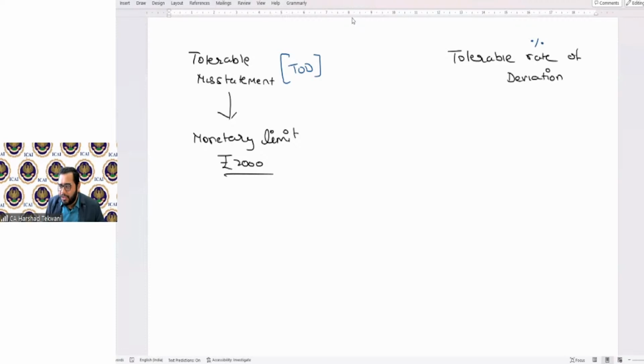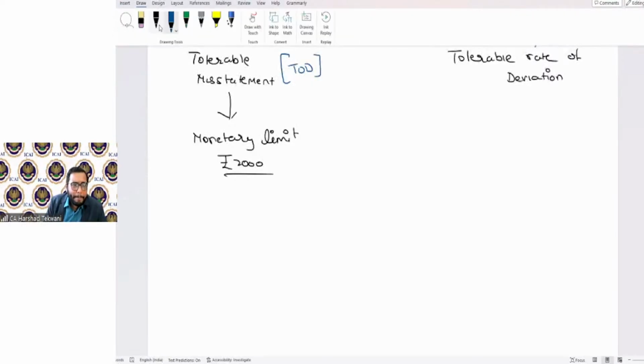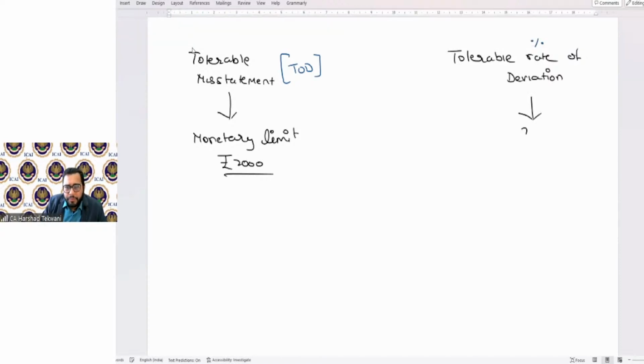So a percentage describes that when I test a particular control, my deviation should not exceed this much percentage. Let's say I set a deviation rate of 2%. So whenever I'm testing my control, my deviation should not exceed 2%. So that is the tolerable rate of deviation.